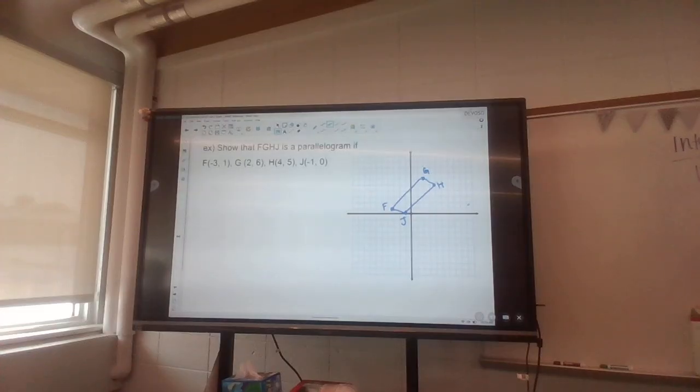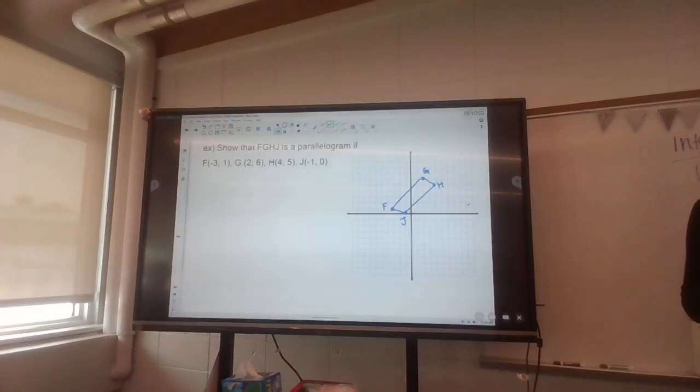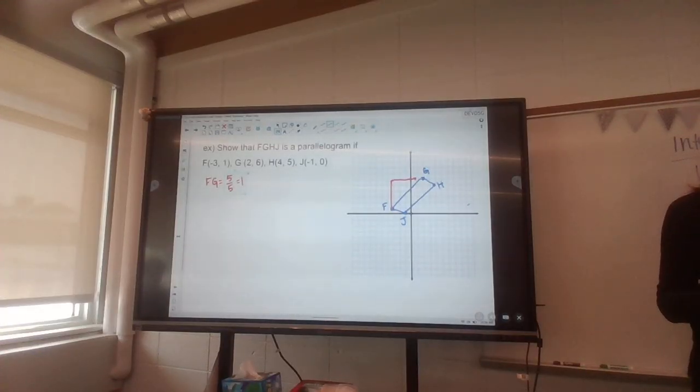They checked it on the graph, the slope of each of the opposite sides. So you could do FG. So we do rise over run. What'd you get the slope of FG to be? 5 over 5 or just 1. And then same thing JH if you count that.